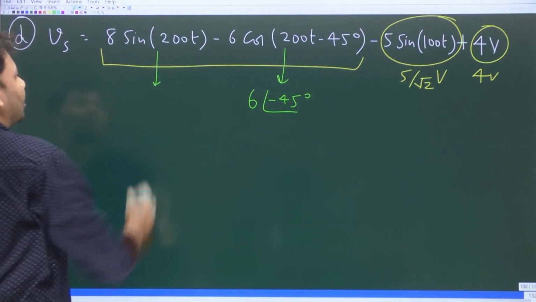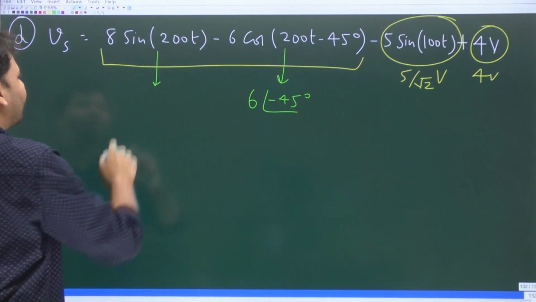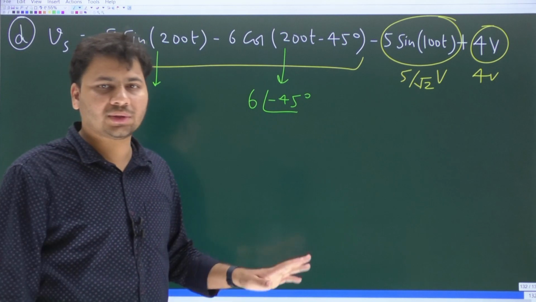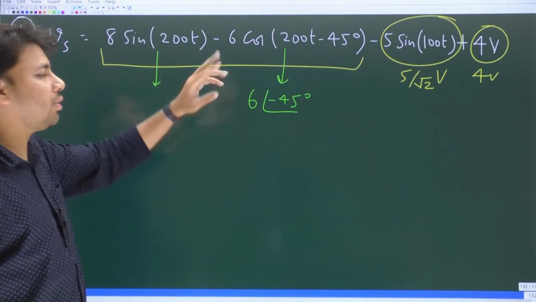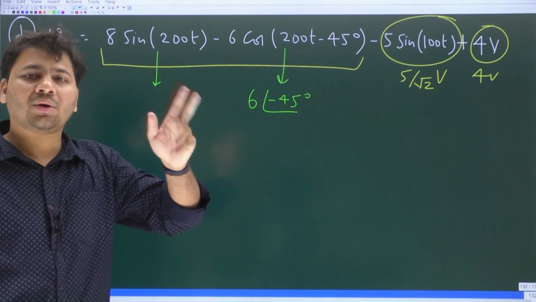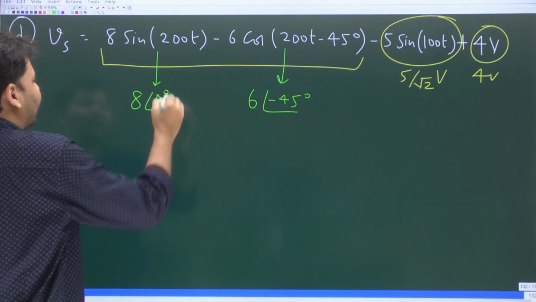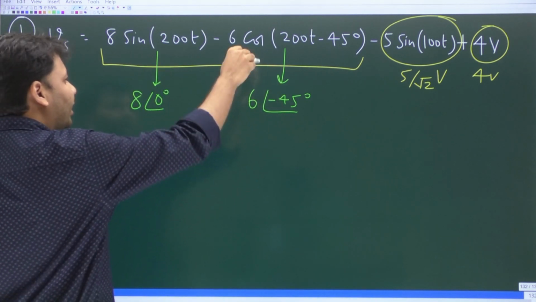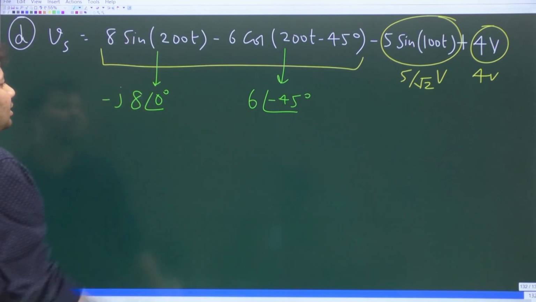What about the first term, 8 sin 200t? I told you, if you are taking cosine as reference, first you write down the amplitude followed by the phase angle. 8 sin 200t is 8 sin(200t plus 0 degrees), so first you write down 8 angle 0 degrees, and because this term is a sine function, you add a minus j.